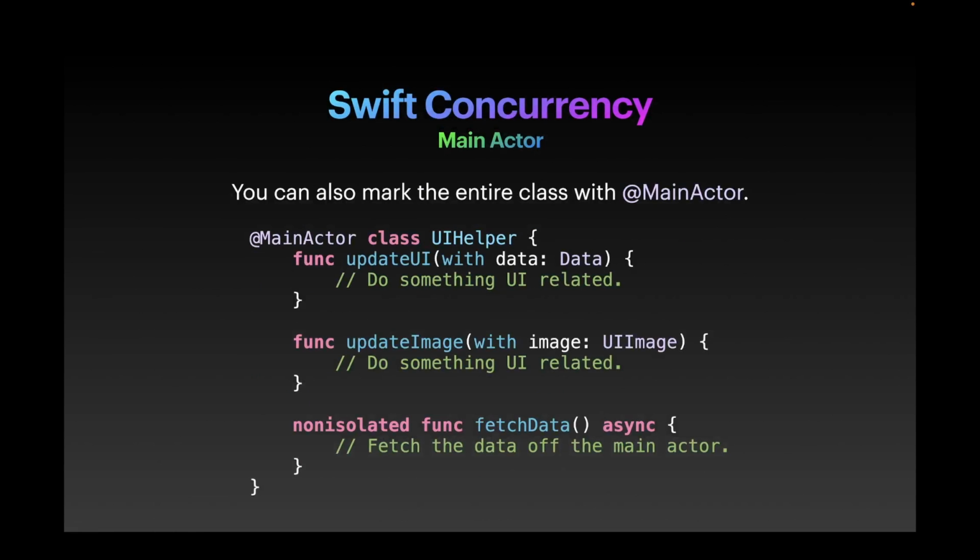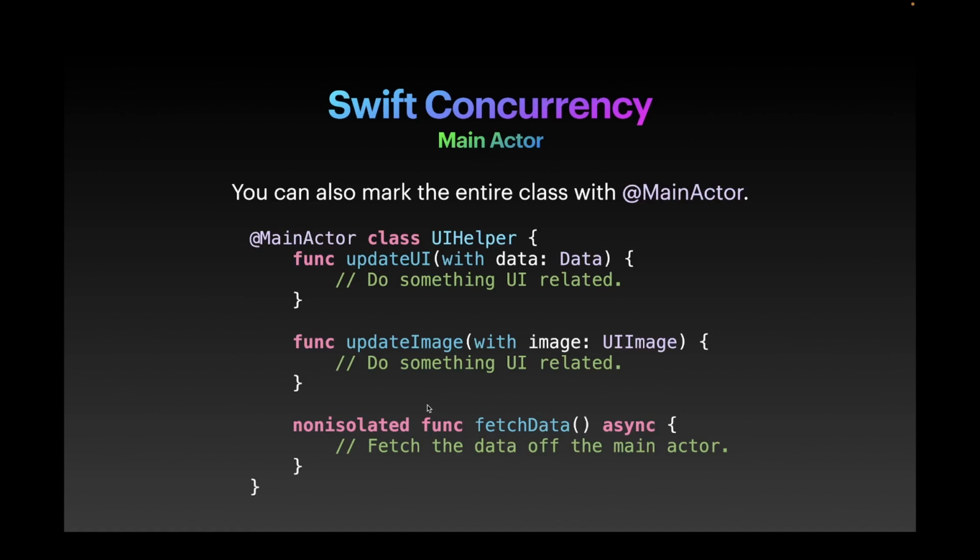Or there's another approach. You can also mark the entire class with @MainActor. By doing so, it essentially serializes all the operations in that class, and all the functions will be assured to run on the main thread, because they run on the main actor, and the main actor runs things on the main thread. However, in this case, this nonisolated fetch data function can be an exception.